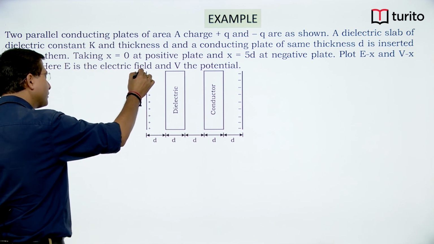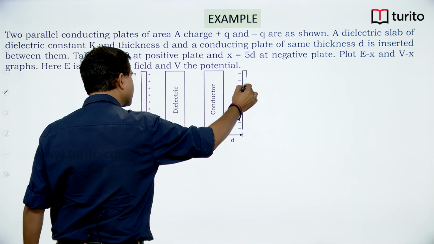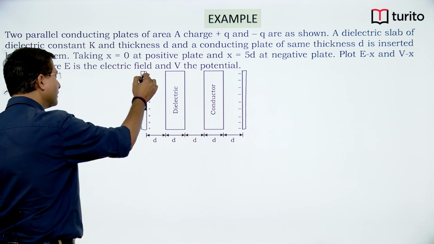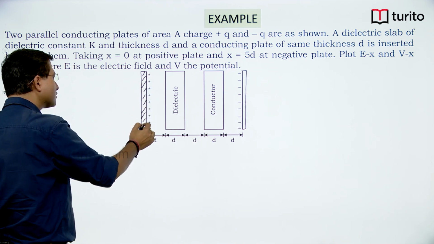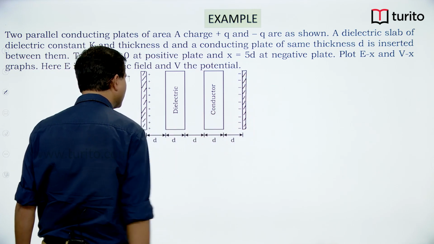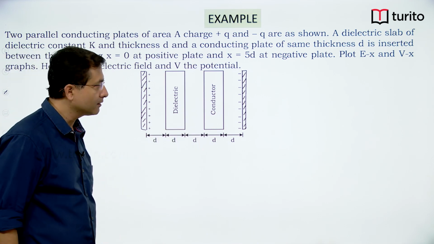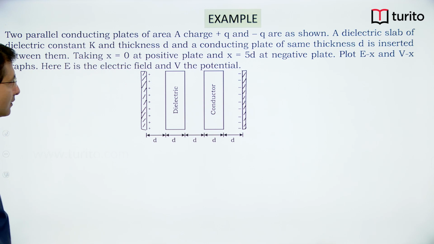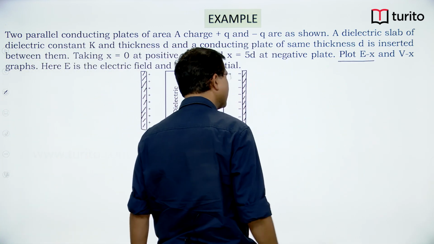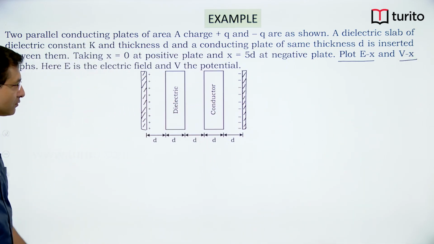So, here we have one plate, this is another one, and in between these two plates of capacitor we have two materials, one is a dielectric, another is a conductor, right, and you have to plot the electric field versus x and potential versus x curve for this situation.